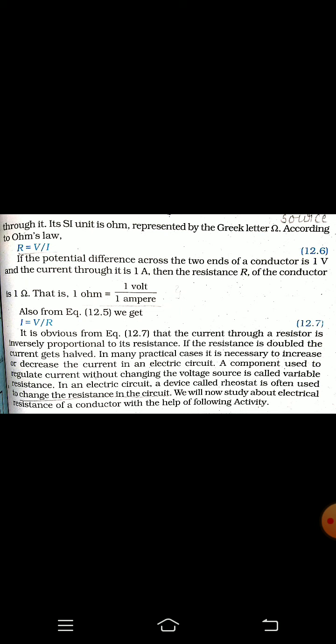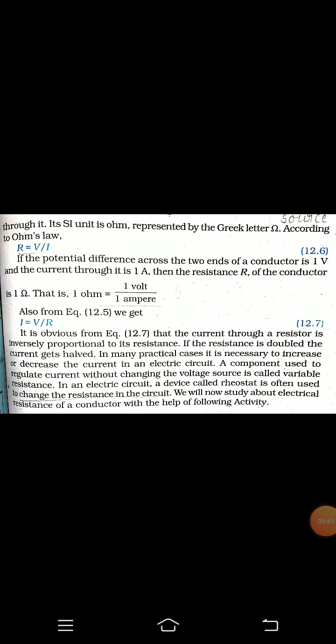So if we want to define 1 ohm, what will we do? Everywhere in the formula we will keep 1. V is potential difference, the unit of potential difference is volt, so it will become 1 volt divided by I. I is electric current, the unit of I is ampere, so we will write 1 ampere. Simple. So it will become 1 ohm is equal to 1 volt divided by 1 ampere.